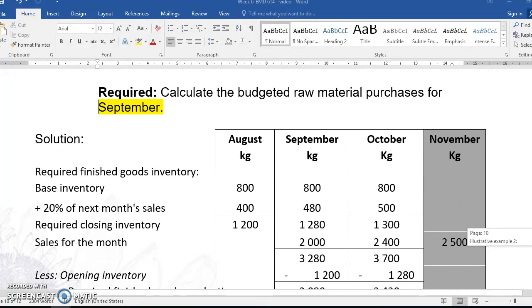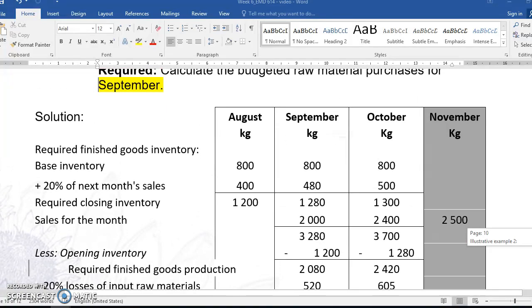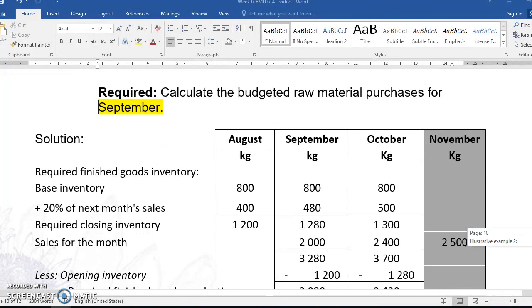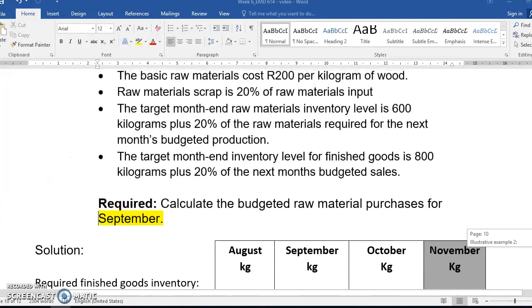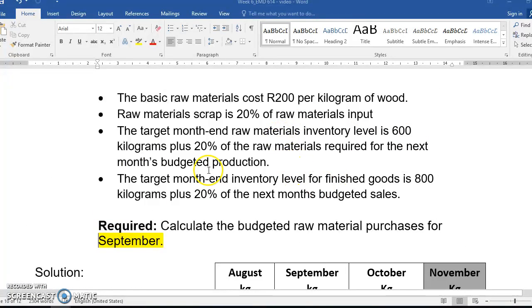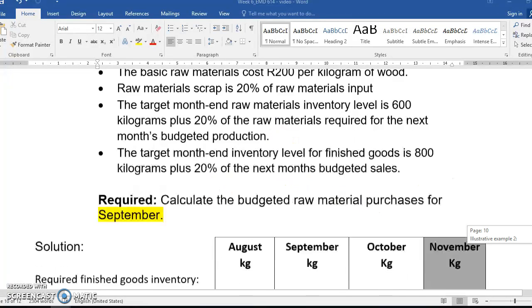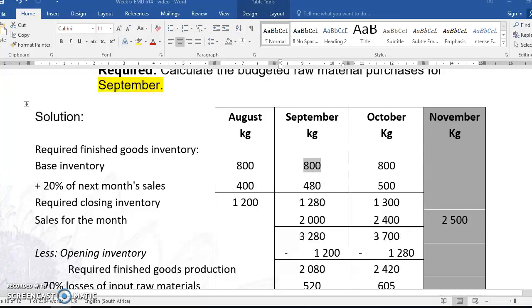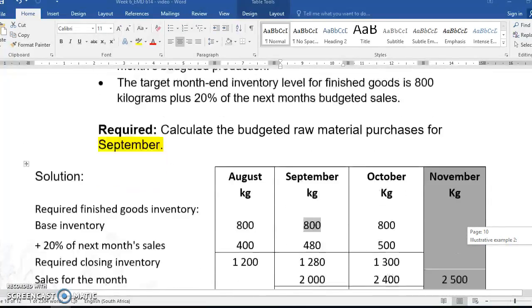Okay, so firstly starting with finished goods, which is a completed good. So remember, finished goods is linked to sales. So at the end of every month there needs to be a base inventory of 800, plus 20% of next month's budgeted sales for finished goods. So if I look at September, it's 800 as the base, and 20% of next month.